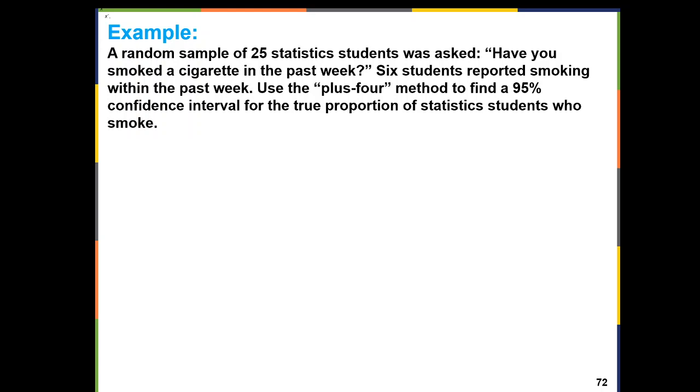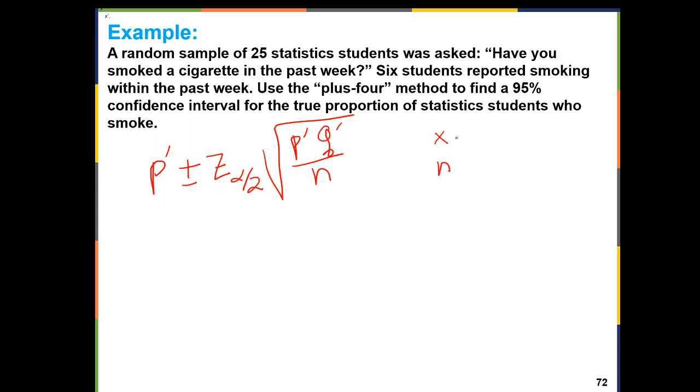So what we have to do is write p prime plus and minus z times the square root of p prime q prime over n. Now, before we do it, normally we have x and n, right? So what is our x here? Our x is 6 and our n is 25.